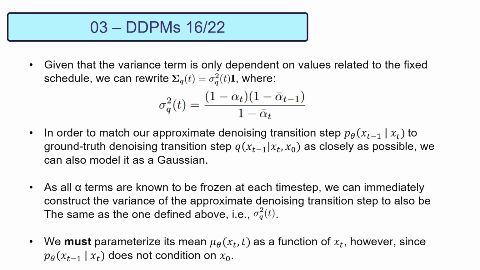Now, the problem is, as we mentioned in the beginning, we must parameterize the mean as a function of xt, because obviously p, so the denoising process, cannot condition on x0. Because if it conditions on x0, we cannot use it in practice, right? So this is the only thing we need to parameterize. And this task now is a bit more difficult because our model is essentially tasked to estimate the noise that brings to the ground truth image without actually knowing the ground truth image.